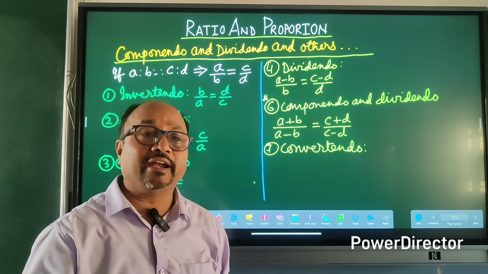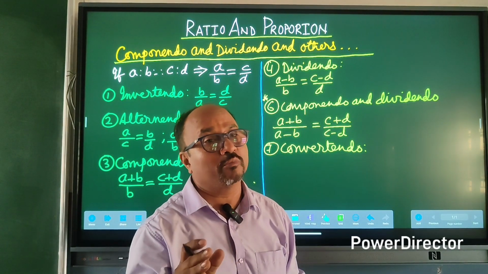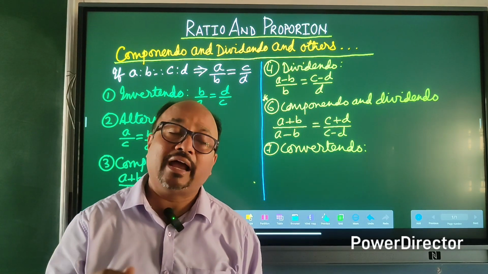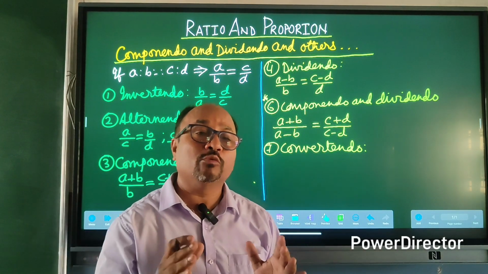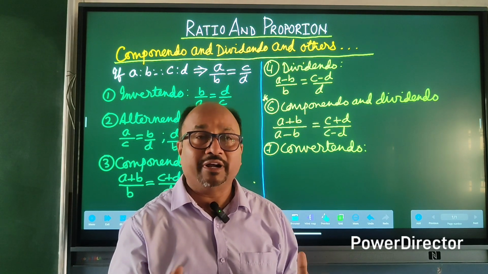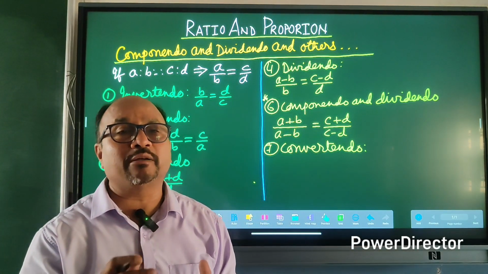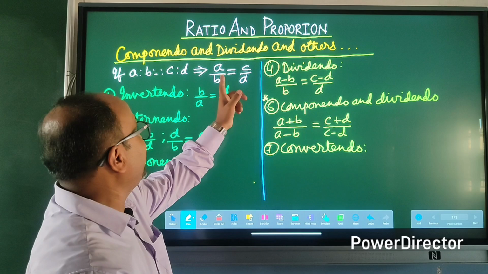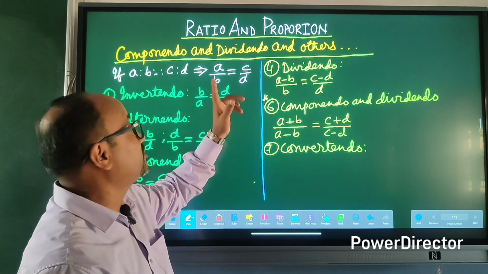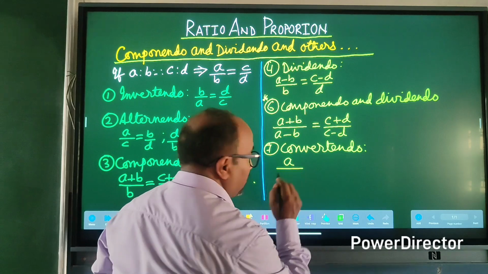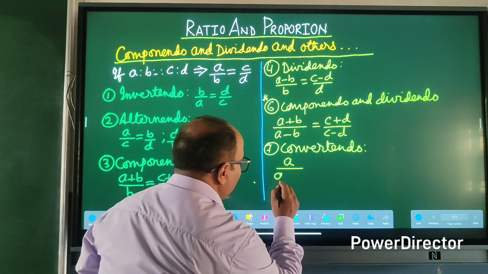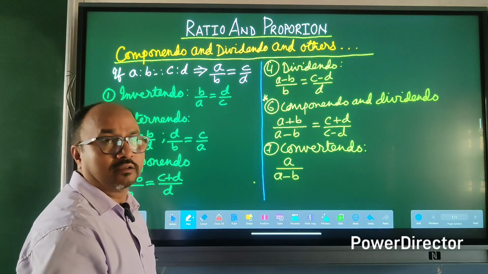What happened in dividendo, in the numerator it was numerator minus denominator and the denominator remained the same. But here what will happen, the numerator will remain the same, but the denominator will be numerator minus denominator. So if we take this main ratio which is there, so A by B, so numerator remains the same and the denominator is numerator minus denominator.